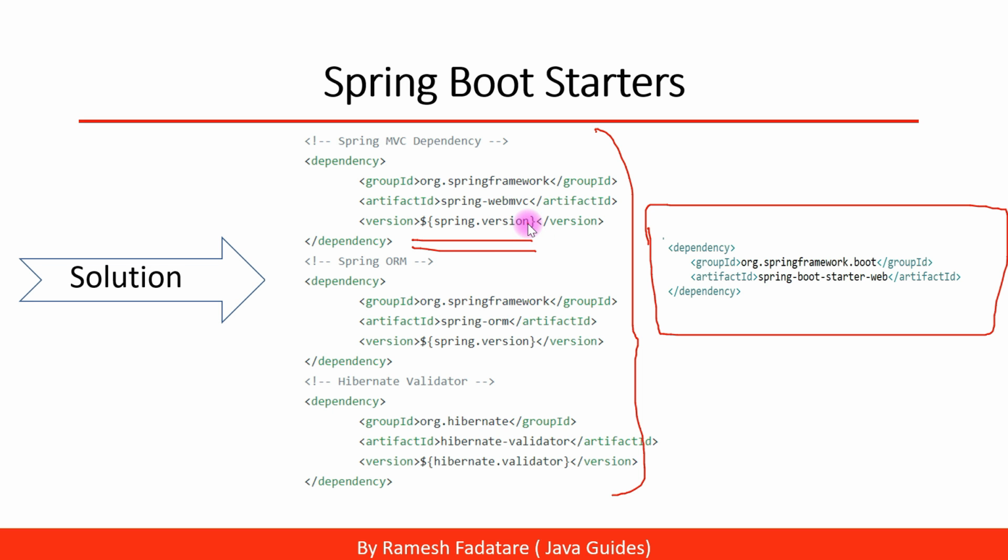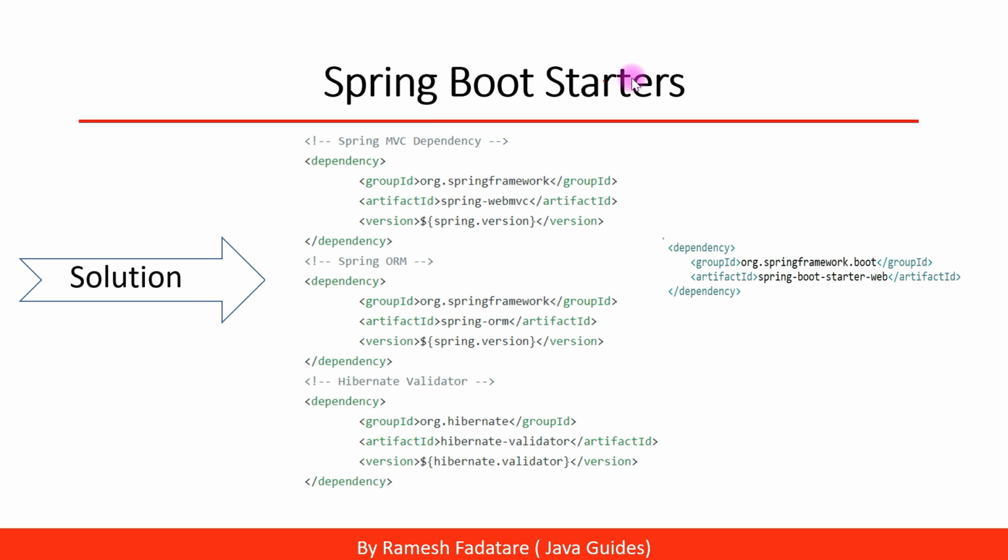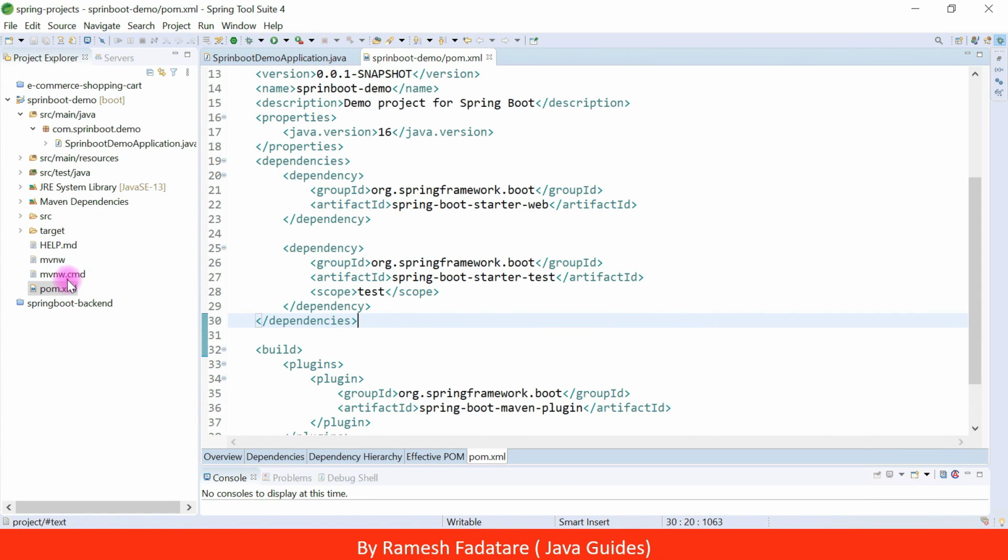Okay, so let's jump into our IDE and understand more about Spring Boot starters and see what is inside these Spring Boot starters. So go to pom.xml. Okay, and here you can see the spring-boot-starter-web dependency.